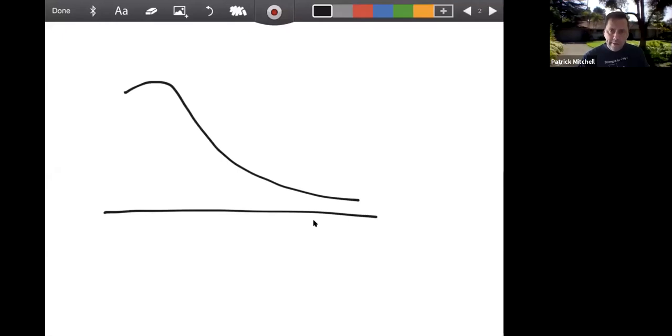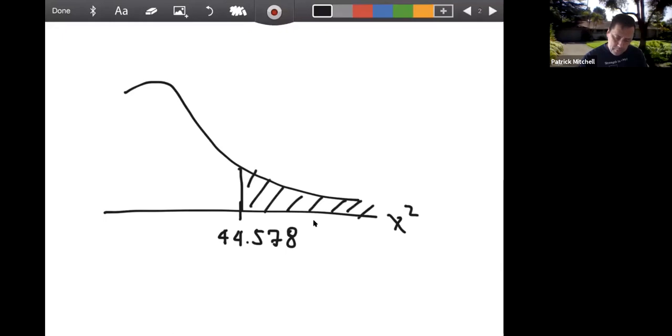So what this p-value is telling me is that for a chi-square value of 44.578, the area to the right of that value is equal to, I already forgot, hold on. I think it was 0.364678. I'll double check it before I enter, okay?